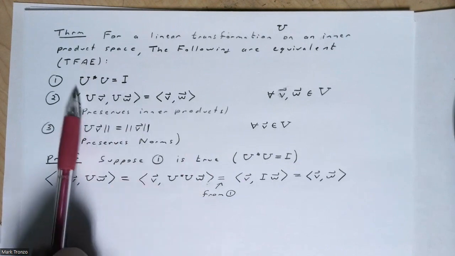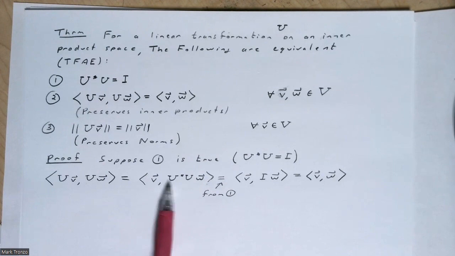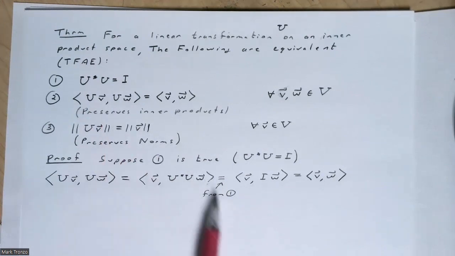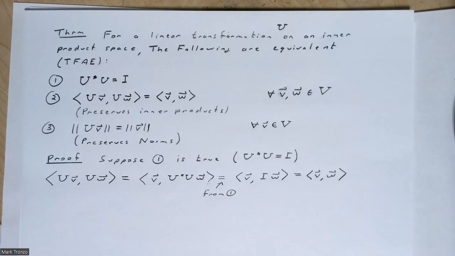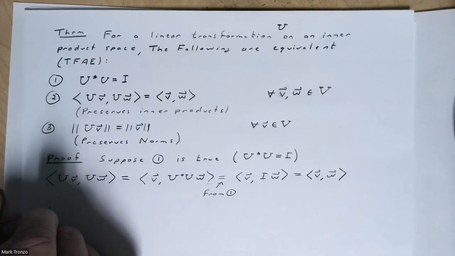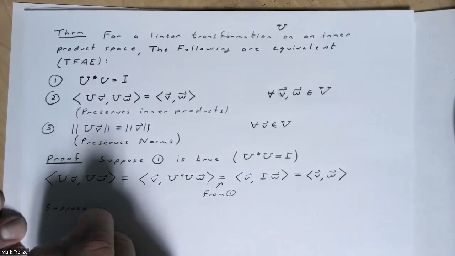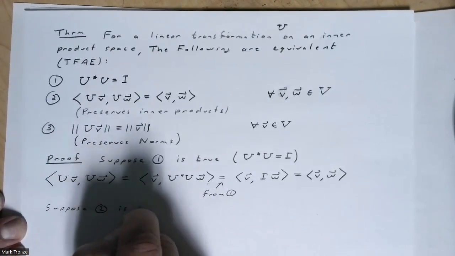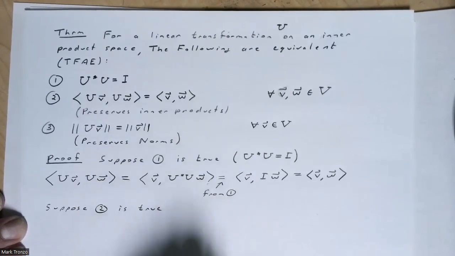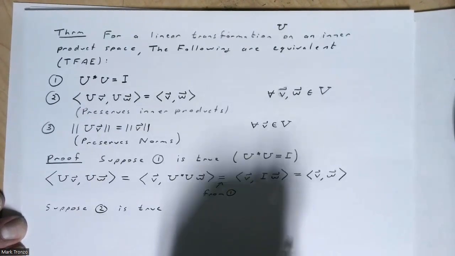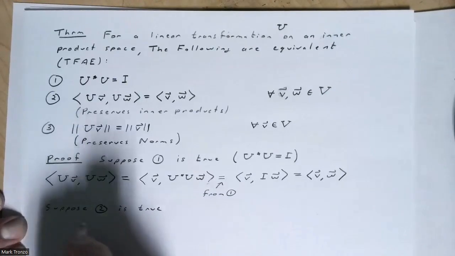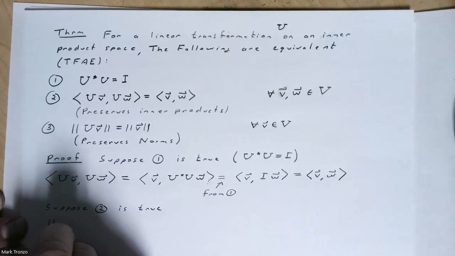We assumed 1 was true and just did the adjoint here. Then from 1, we had this. We got that. So now suppose we've proven 2. So now suppose 2 is true. Now, again, we want to prove that this is true.